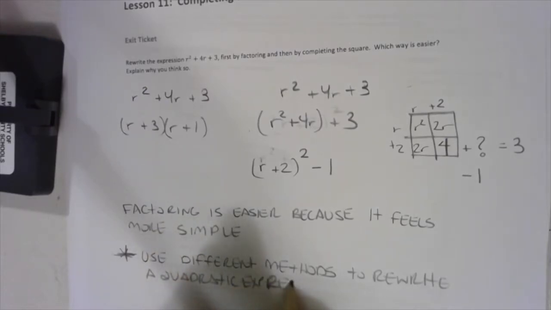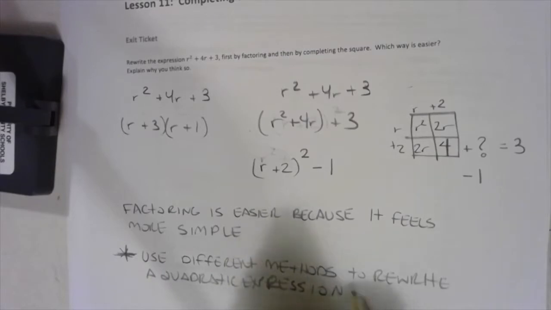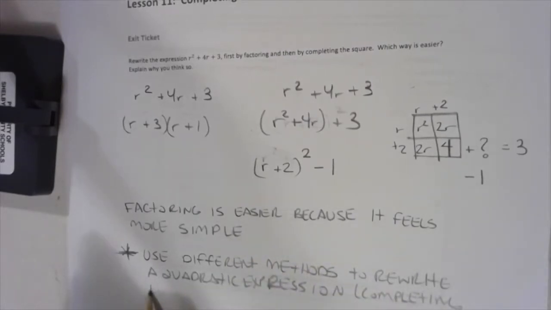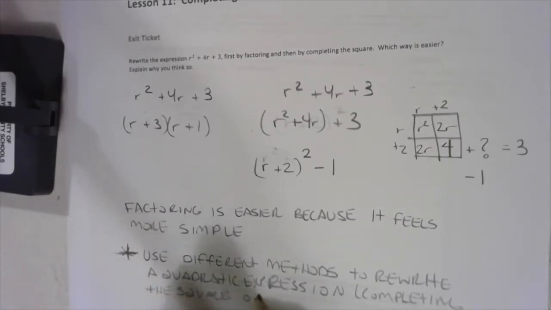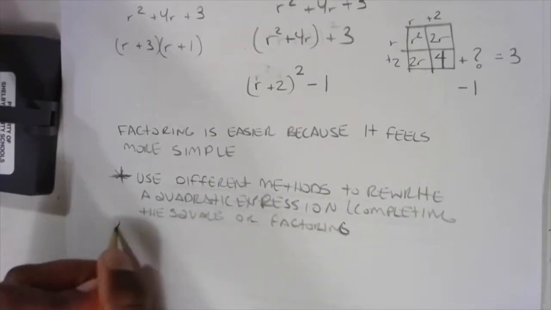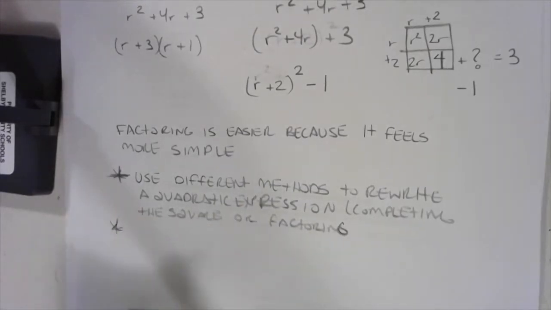So they could use completing the square, or factoring. But I also think another piece here, my apologies, moved it down. Another piece here is, what's the most efficient strategy?